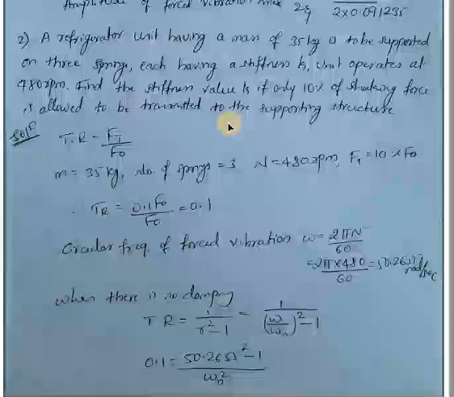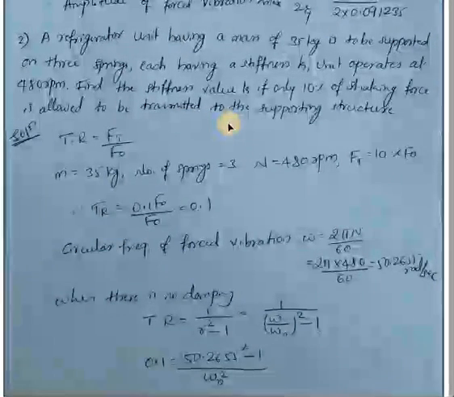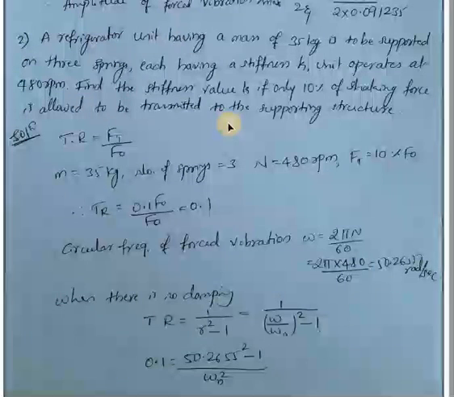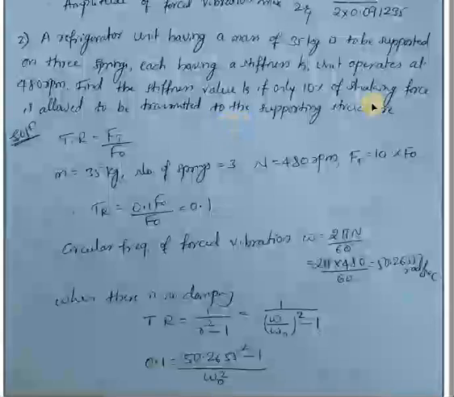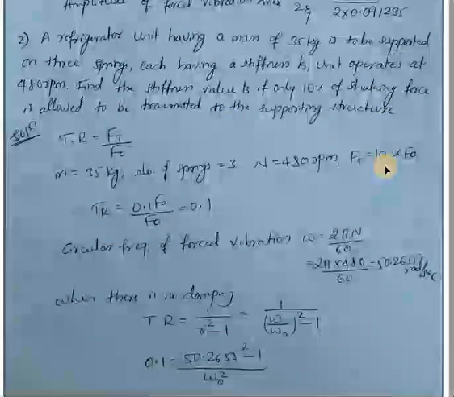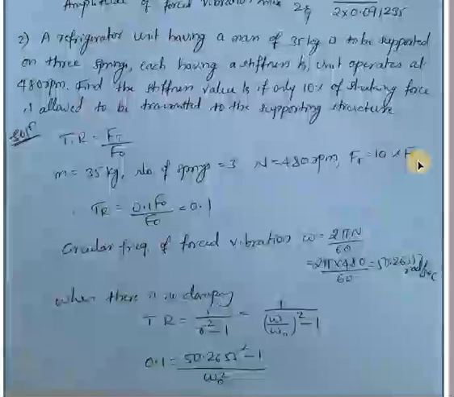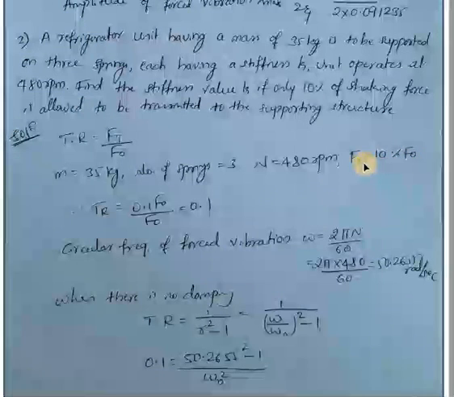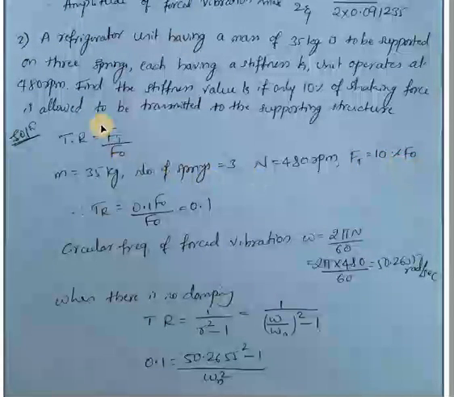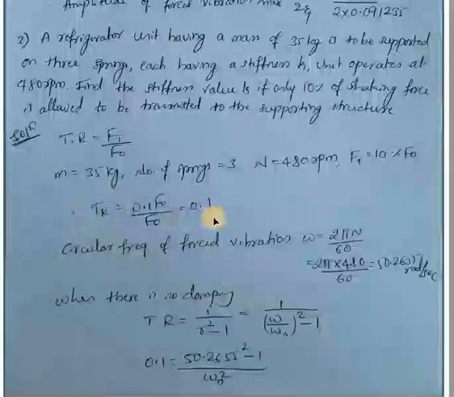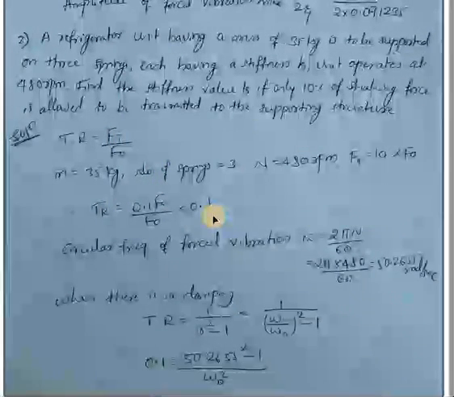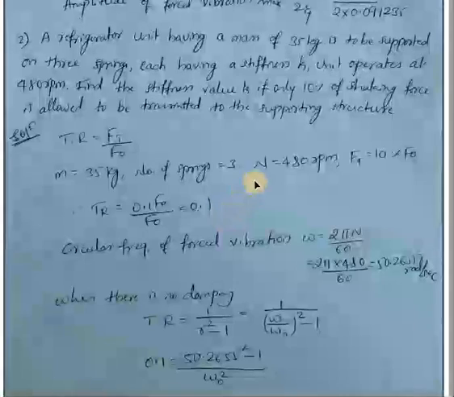That means the force transmitted is only 10% of the applied or shaking force, so Ft equals 10% of F naught. If you substitute this in the transmissibility ratio equation, you will get the transmissibility ratio as 0.1.